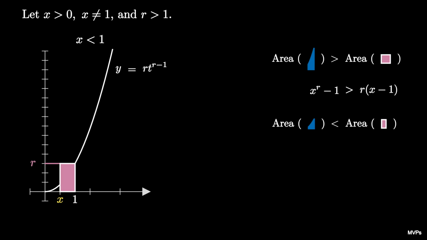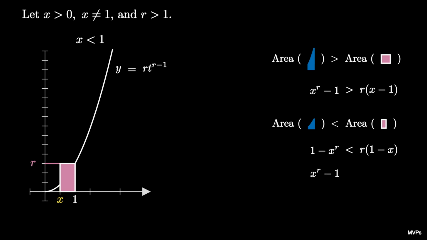This time the area under the curve is the integral from x to 1 of r t^(r-1) dt, and the area of the rectangle is r times (1 - x). We use the fundamental theorem of calculus to compute the integral and see that 1 - x^r is less than r times (1 - x).